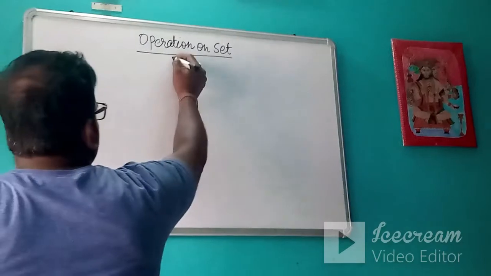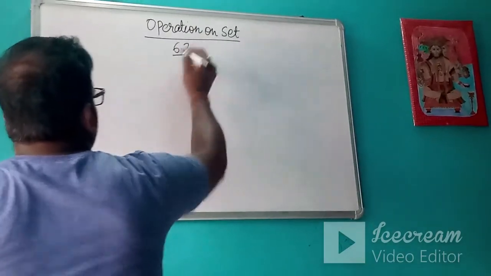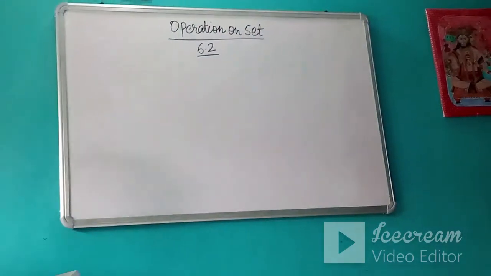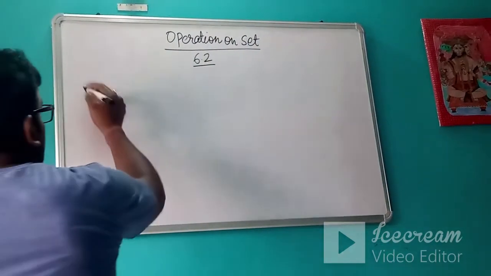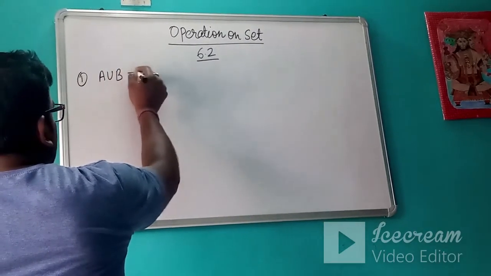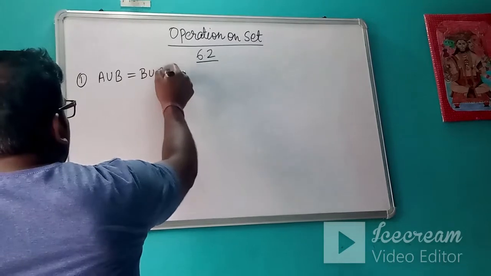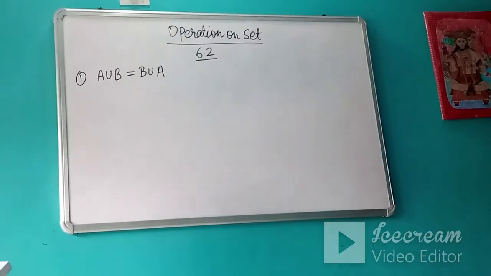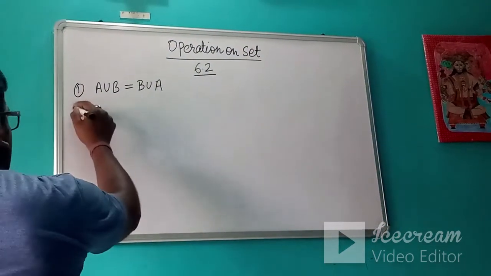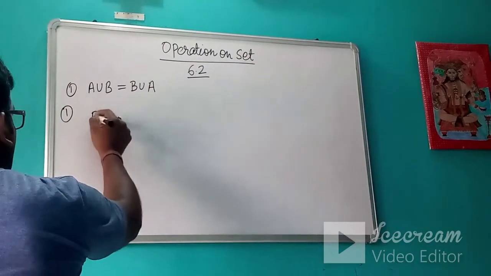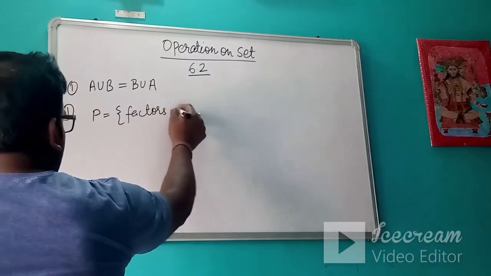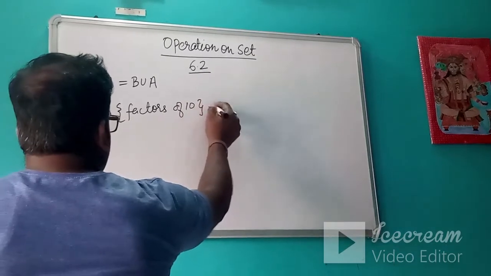Okay, so let's discuss our exercise 6.2. In this a few questions are there. First of all, remember this important thing: A union B is always equal to B union A. Suppose a question is given that P is the set of factors of 10.